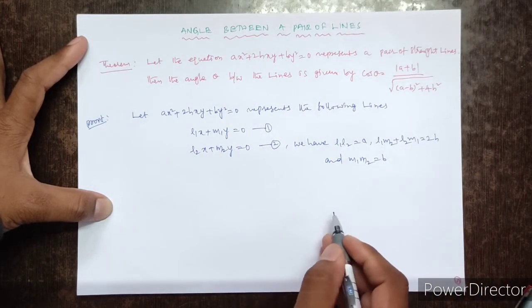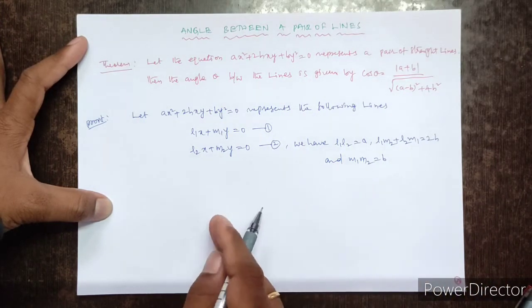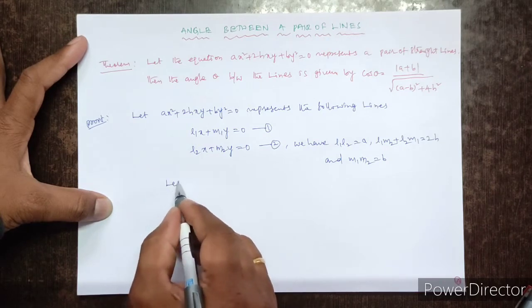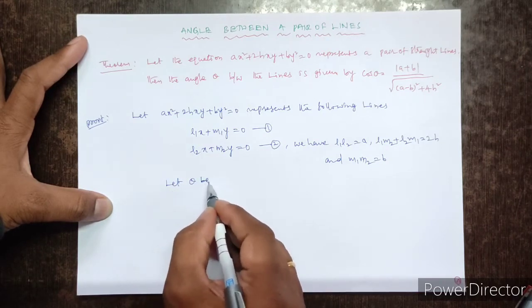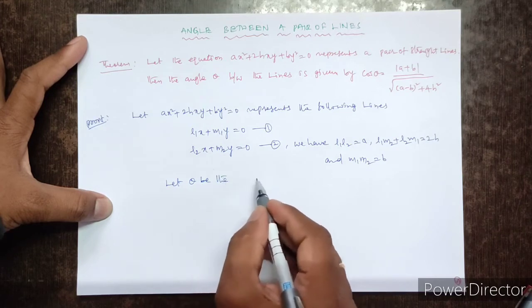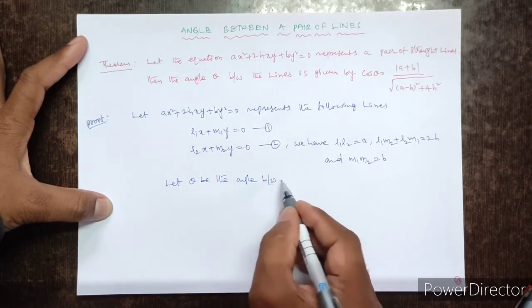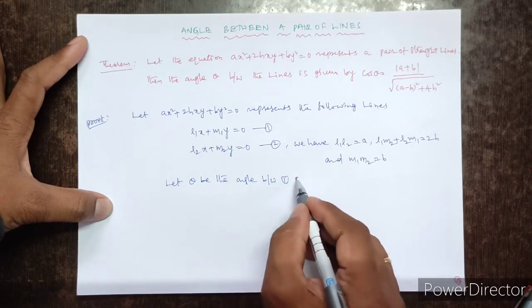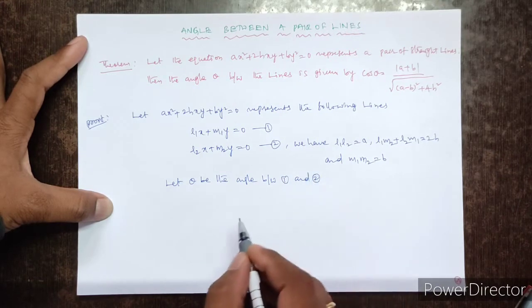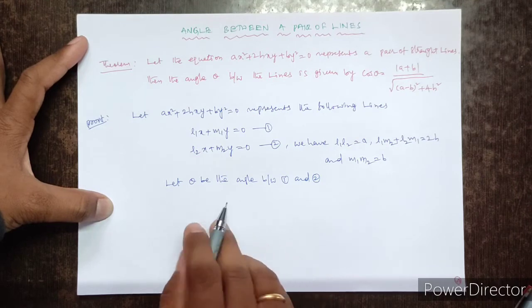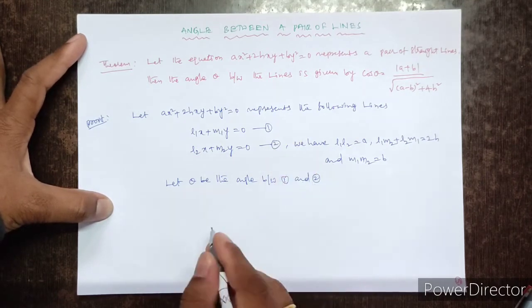Already we have discussed these results in an earlier class. Let theta be the angle between lines 1 and 2.